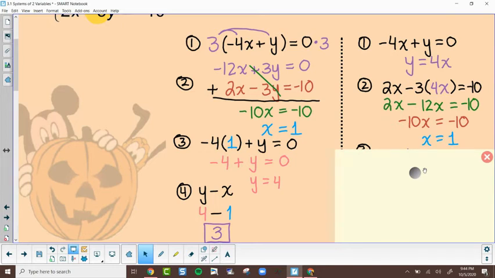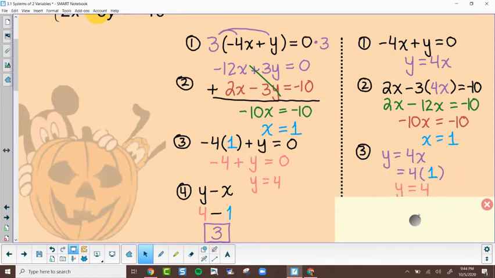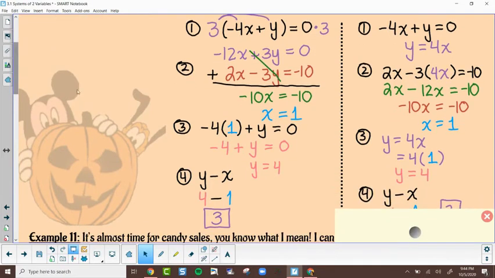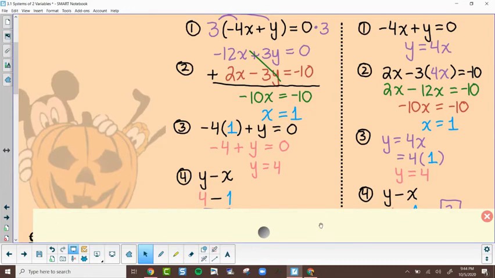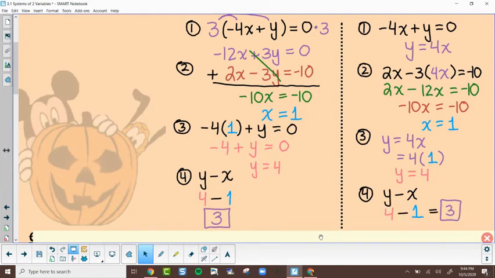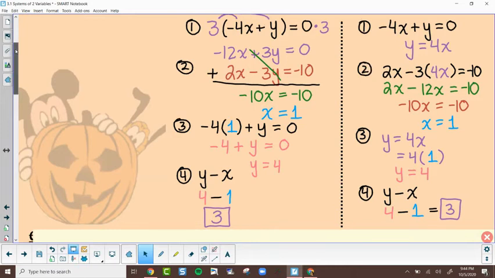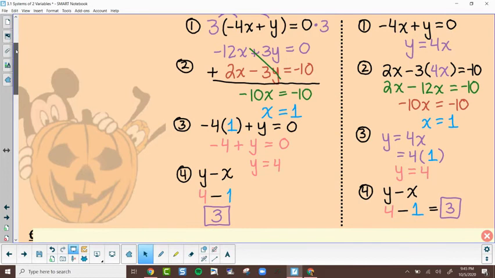This one went a little faster because I just plugged that back into the purple equation. So I got y equals 4, and you'll see you get the exact same answer when you do y minus x. So either way, it all gets you there. It's just whichever method you prefer. I wanted to be sure I showed you both methods depending on which way you did it.